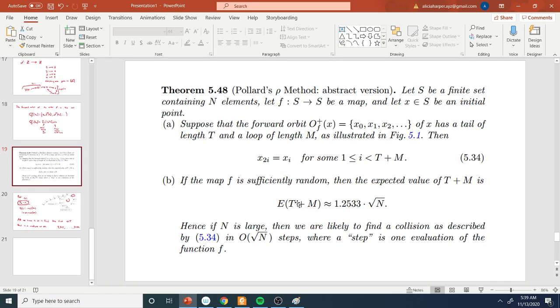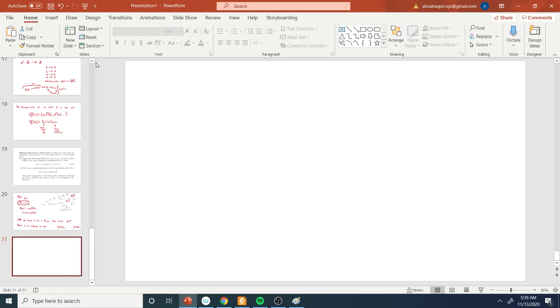Part B is where things get really, really tricky. So this is going to need the full collision theorem. So suppose f is a sufficiently random function. Well, what do we need? We need to consider the following probability.